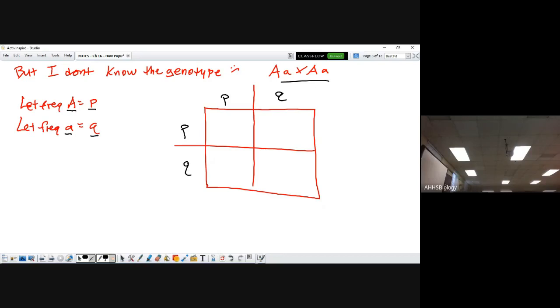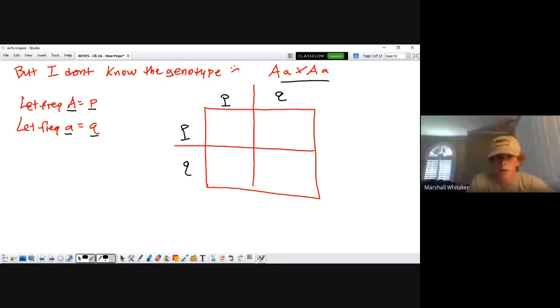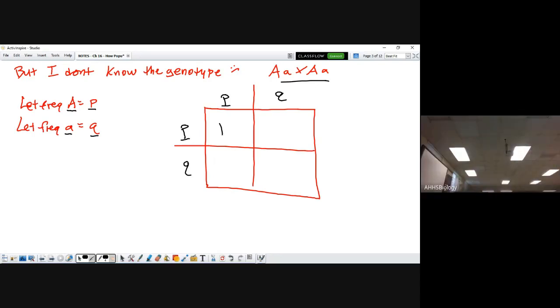And then the combination up here, what are we going to put in the top left square of the Punnett square? If this is the frequency of P, and this is the frequency of P. PP. Okay, but let's rewrite that as P squared, okay? Because it's P times P, which, you know, we'll just rewrite that as P squared.